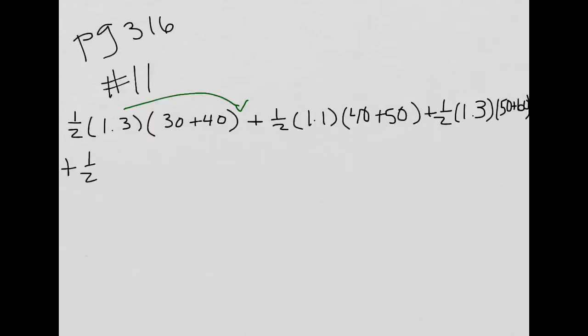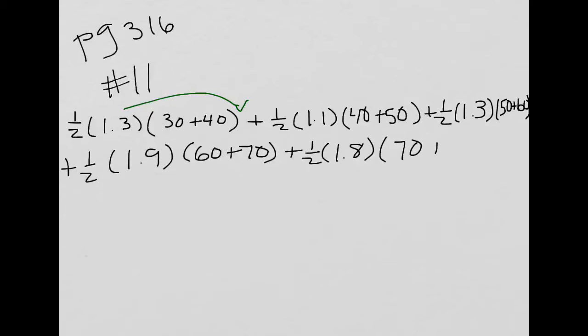And then I went from 5.5 to 7.4. That's a change of 1.9. So I'm going to use the 60 to the 70. And then 9.2 minus 7.4. That's a change of 1.8. So I'm going to use the 70 to the 80.